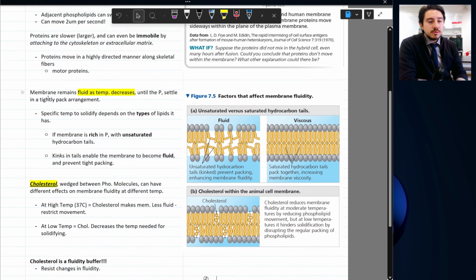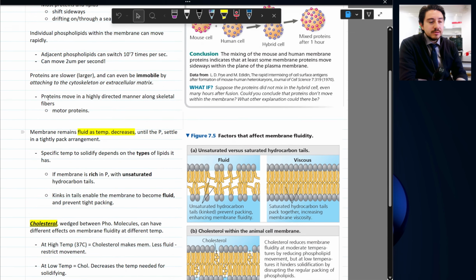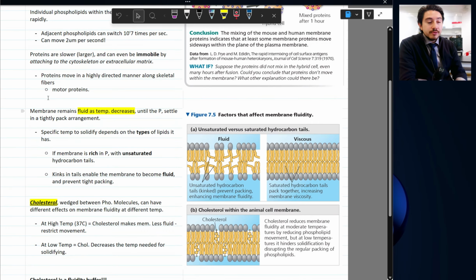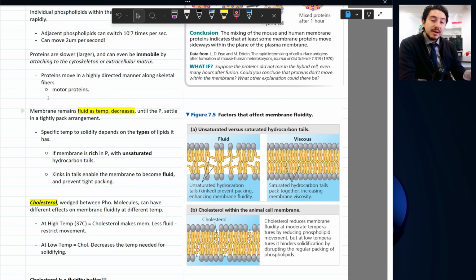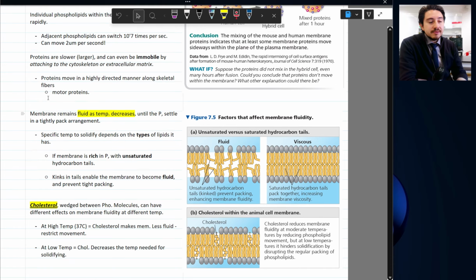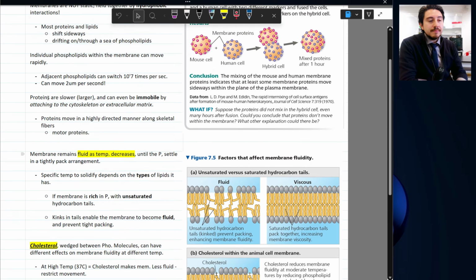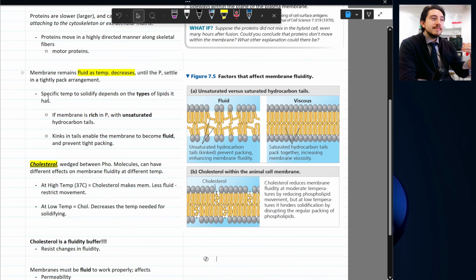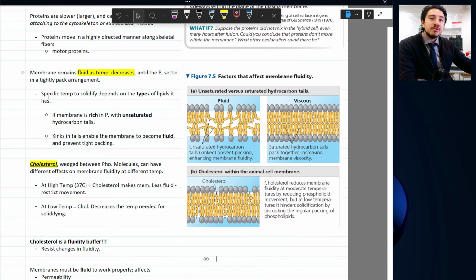Now, here's probably one of the more important things that you need to know. The membrane remains fluid as temperature decreases until the phospholipids settle into a tightly packed arrangement. The idea of fluidity in the cell membrane is very important. You cannot have a membrane being too fluid, or else material is just going to move in and out in a very unregulated form.